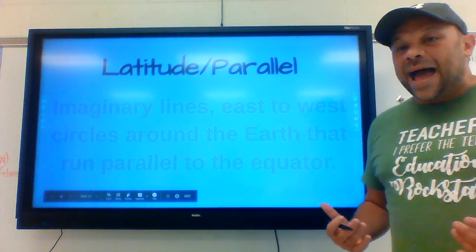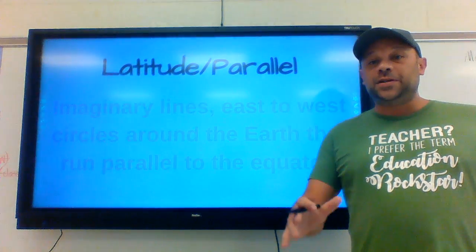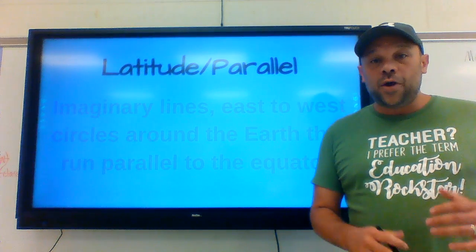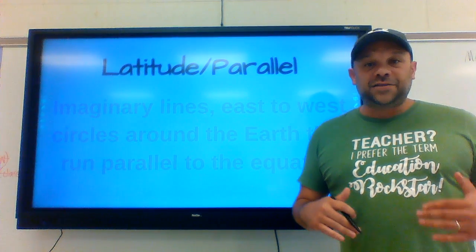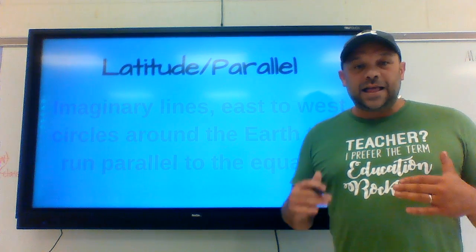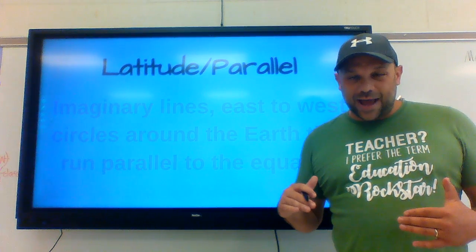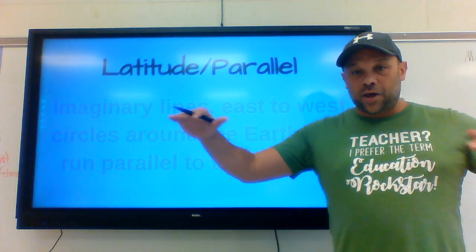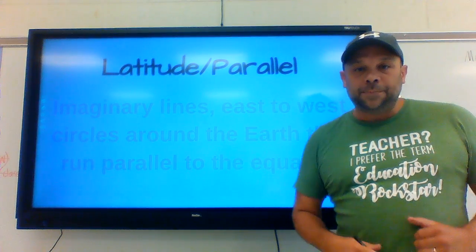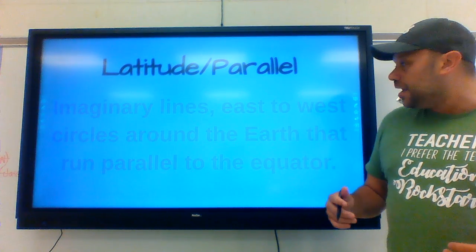All right, a latitude line. We talked about this when we talked about the equator just a moment ago. But these are imaginary lines that crisscross planet Earth, and they run east to west, okay? Latitude is going to run this way, okay? They run parallel to the equator.